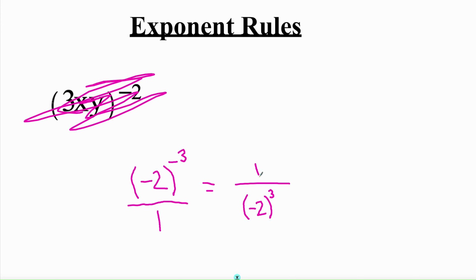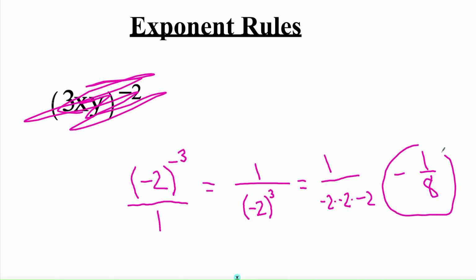And I need to put a 1 in the numerator to make sure that it's clear this is in the denominator. Now here, -2 to the 3rd will be negative because that is -2 times -2 times -2, which is -8. So I end up with -1/8. So a negative exponent does not mean you're going to have a negative outcome. Sometimes you will, sometimes you won't. It depends on the base.